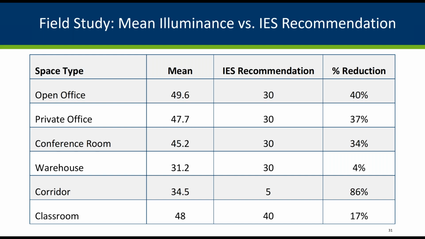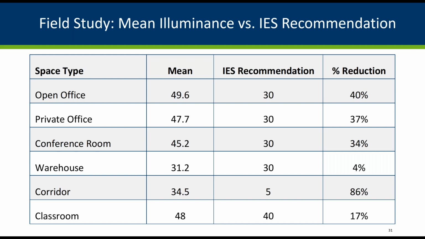This means that energy savings could be captured by bringing the two into agreement. In open offices, private offices, and classrooms, the illuminance reduction potential is 40%, 37%, and 17% respectively. This reduction potential is significant considering the quantity of these space types in Minnesota.